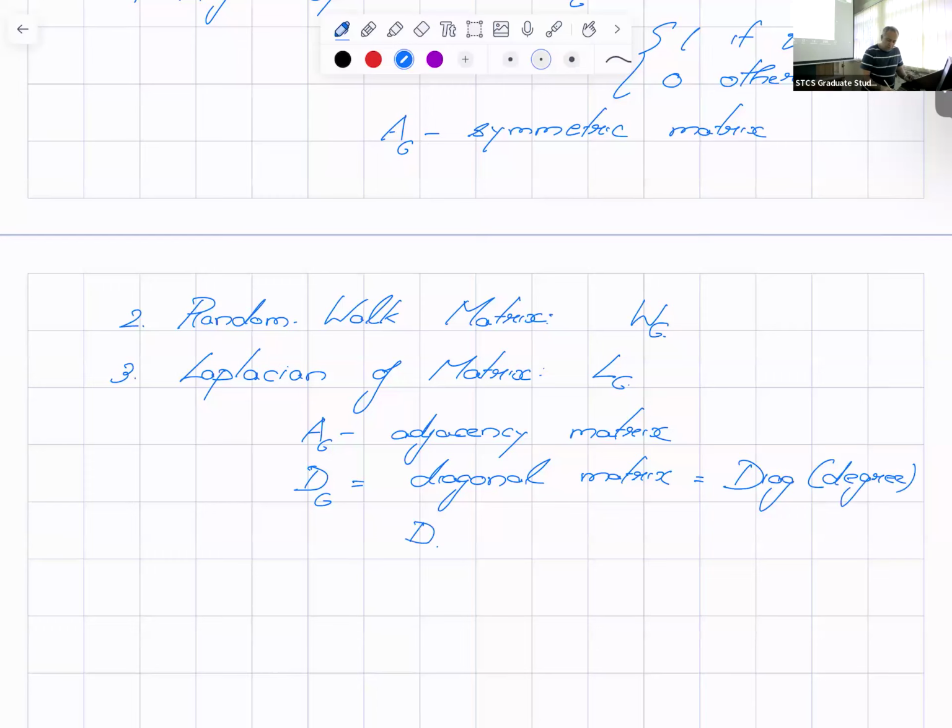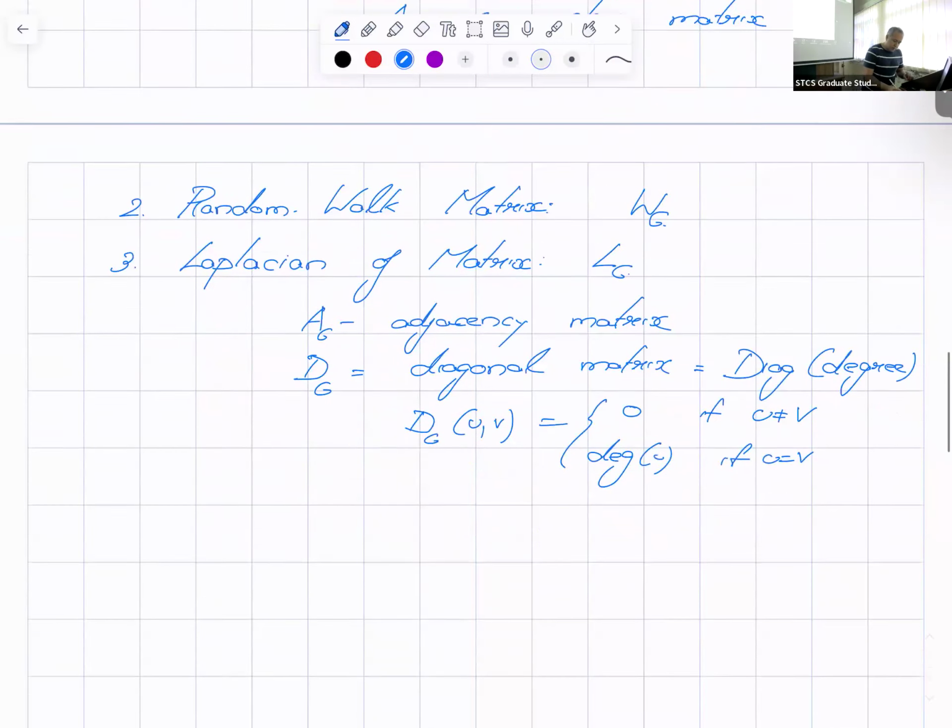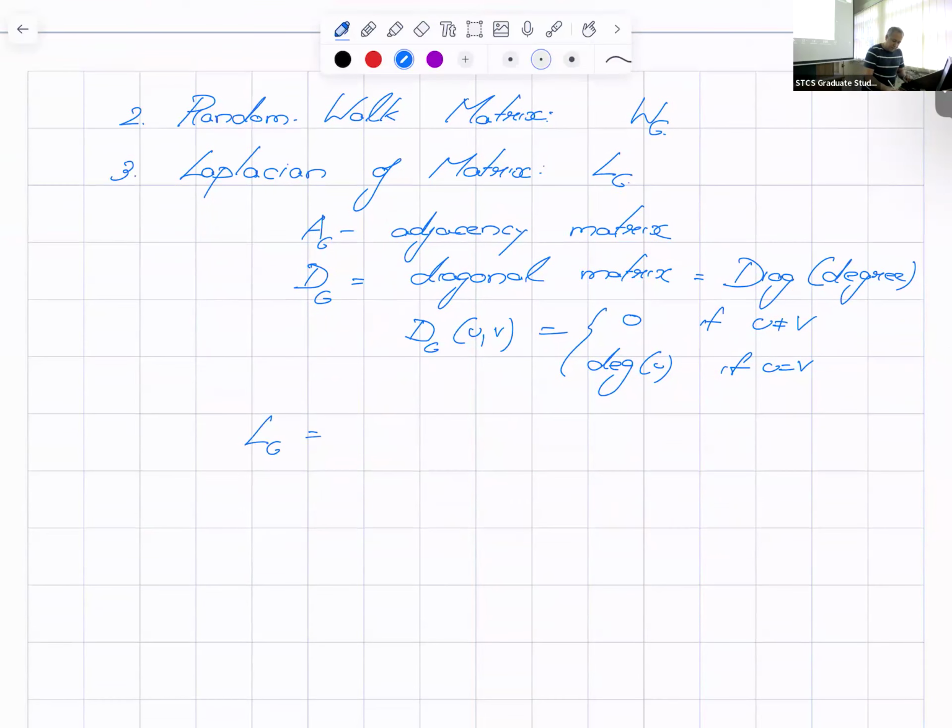So D_G of (u, v) is 0 if u is not equal to v, and otherwise it's the degree of u if u equals v. And the Laplacian is going to be D_G minus A_G, and you'll soon see why this is a nice definition. Most of the class, when we talk about matrix spectrum, we'll actually be talking about the Laplacian, not the adjacency matrix. We'll see why that's the case.